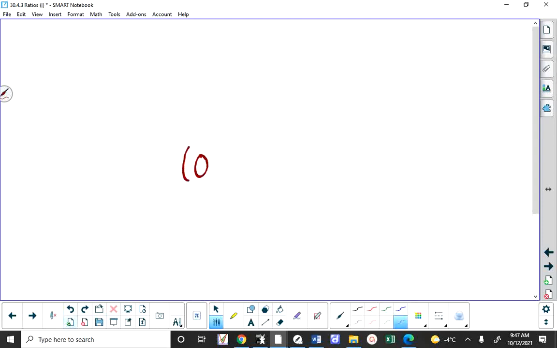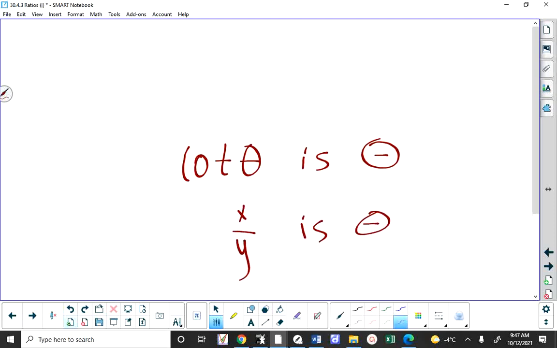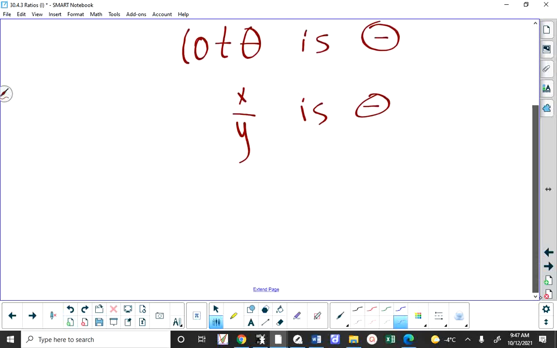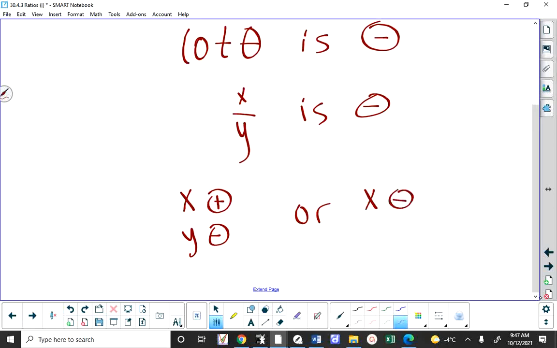If cotangent of theta is a negative number, then that means x over y is negative. And that means one of two things: x is positive and y is negative, or x is negative and y is positive. It's one of those two.